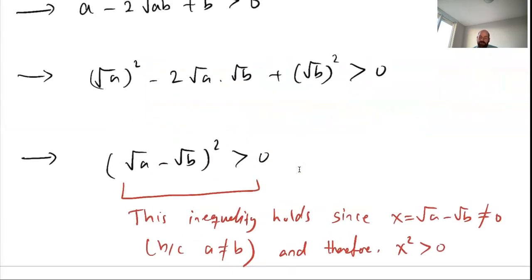So why are they reversible? Again, it's very easy to check. From this step to this step, you want to go backward, right? So that's why it's called a backward proof. From this step to this step is very easy. Just use the identity x minus y the whole squared equals x squared minus 2xy plus y squared.